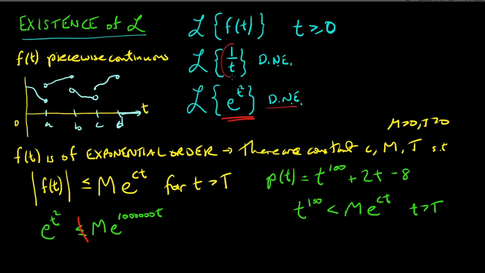What's wrong with 1 over t? If you remember, 1 over t shrinks very quickly, but exponential functions grow very quickly. So you might think, if this is your t here, then this is going to be bigger than that. It turns out 1 over t is certainly of exponential order. The issue is not that.